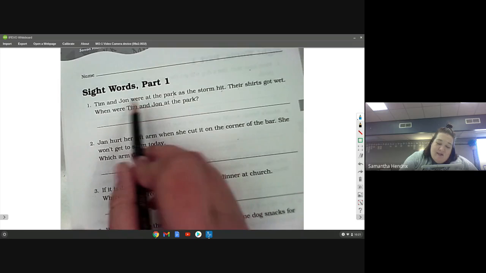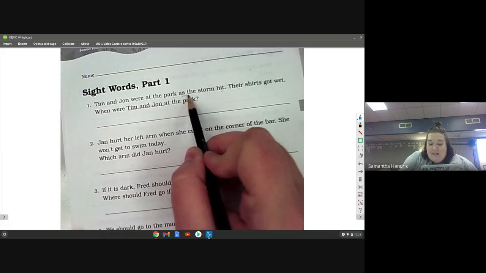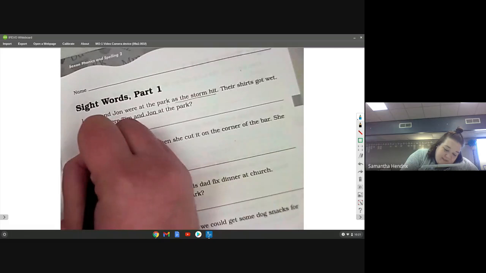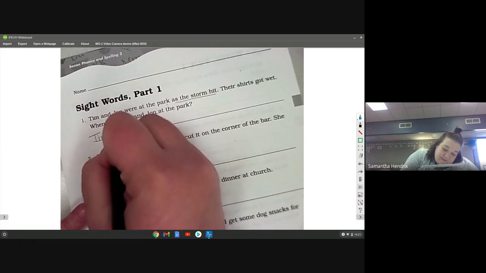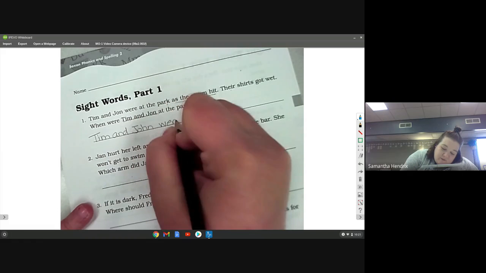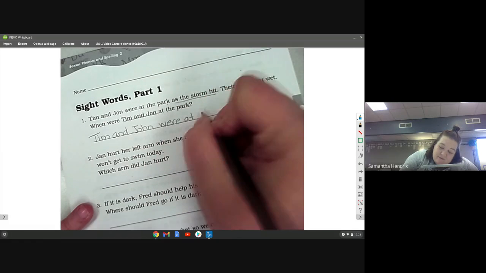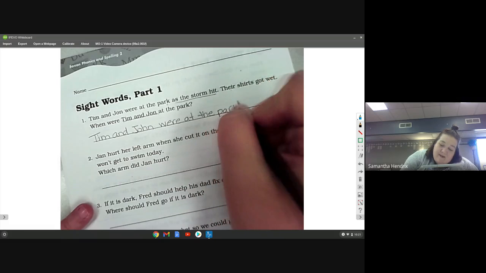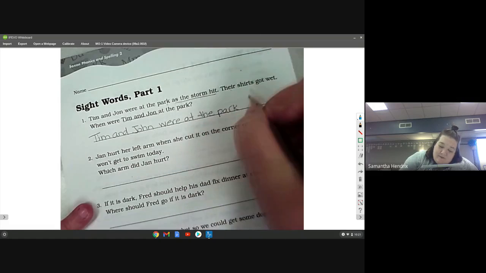Tim and John were at the park and then as the storm hit. Okay? So write that down. Tim and John were at the park as the storm hit.